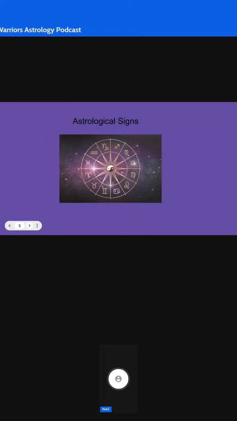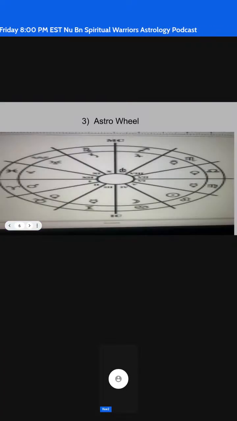Once you've learned the signs and the symbols, you'll be able to place them on an astrological chart. For example, on this astrological wheel or chart, you'll see in the first house, there's the symbol for the planet Mars.